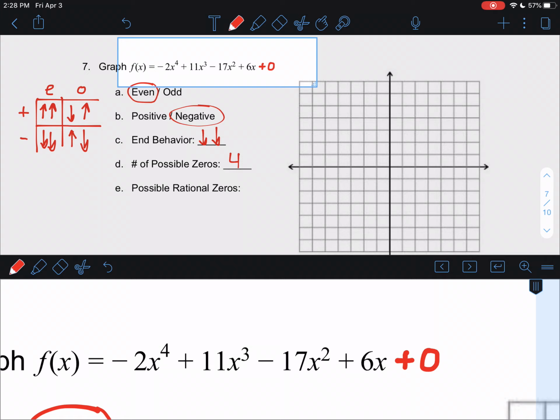So what I have to do is look at my polynomial without the 0 there on the end. Looking at this, there's something I can factor out of all of these terms.